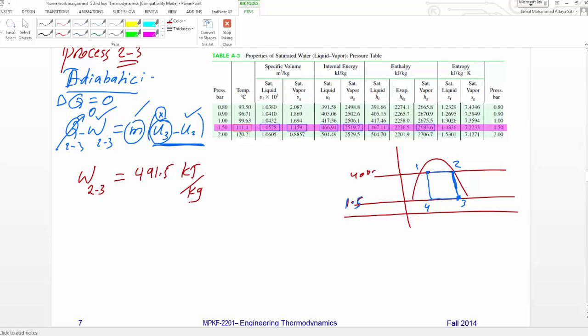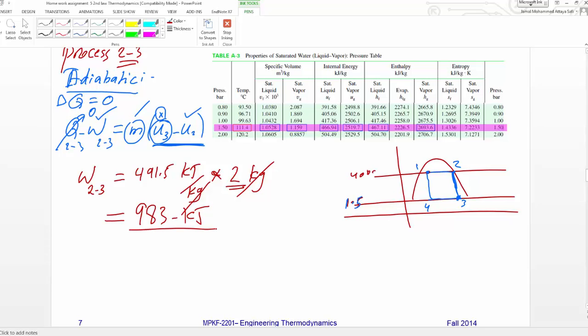So to find the actual work, it has to be multiplied by 2 kilogram, because that's where you have the mass. That's going to give you 983 kilojoule.